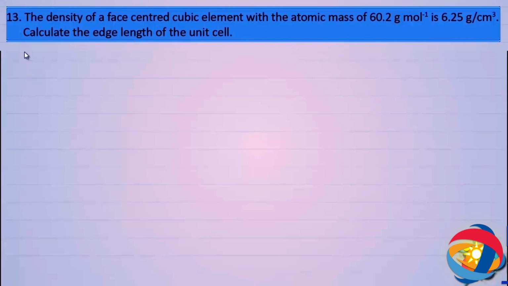Moving on to the final problem. The problem states in this way: the density of a face-centered cubic element with the atomic mass of 60.2 gram per mole is 6.25 gram per centimeter cube. Calculate the edge length of the unit cell.